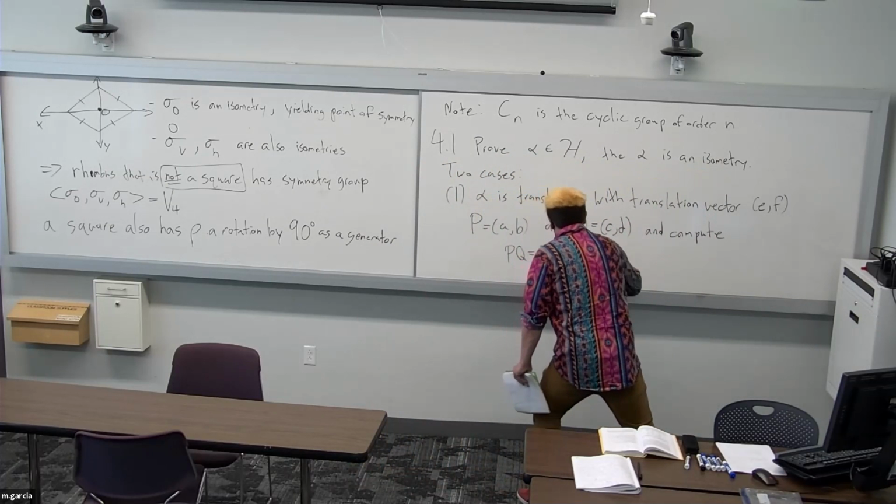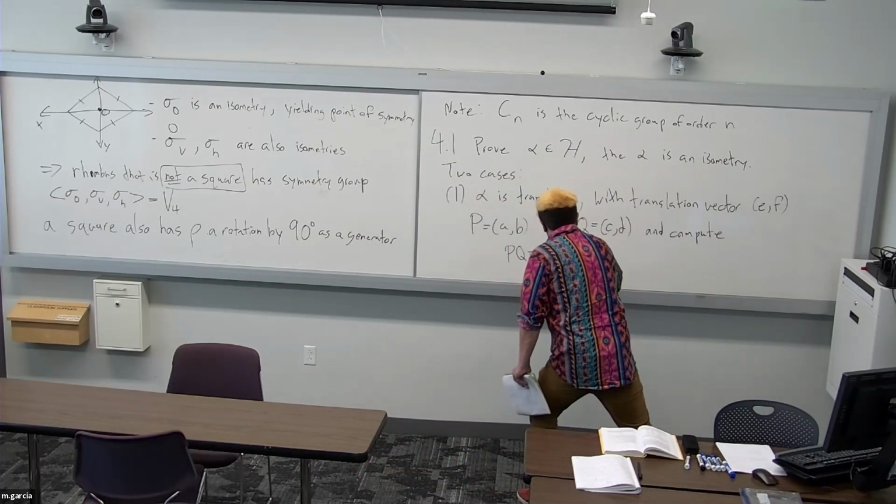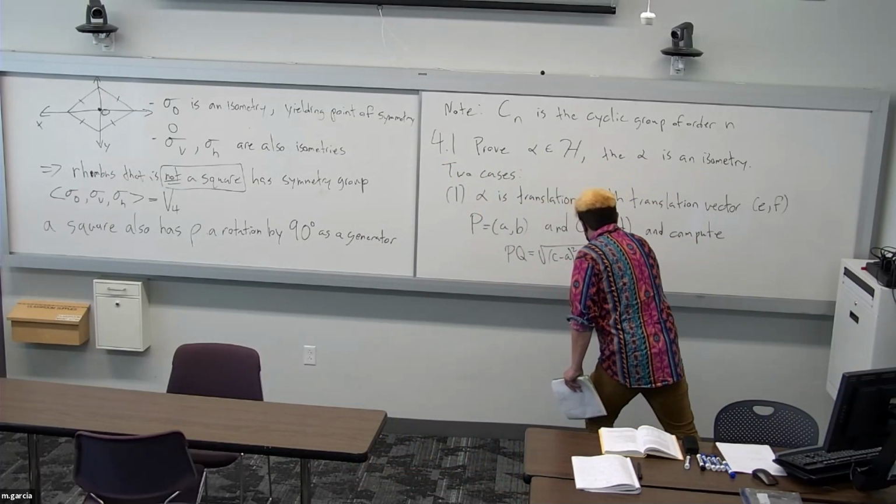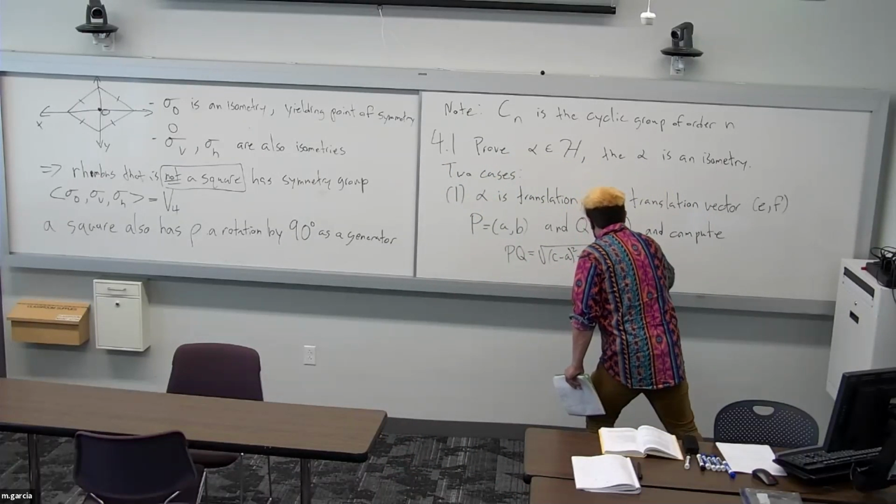Which is just C minus A squared plus D minus B squared, square root of all that.